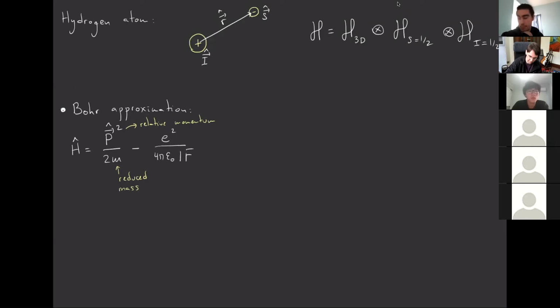And the important part is that it depends inversely proportional on the distance between the two charges, okay? So this is what you know from electromagnetism or electrodynamics, okay? So to a first approximation, this is the basic Hamiltonian of the hydrogen atom.